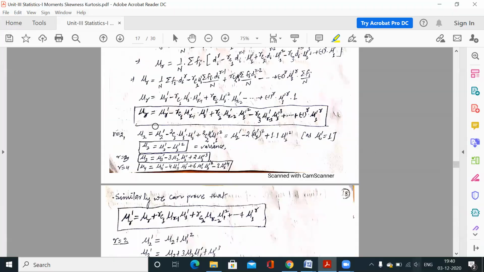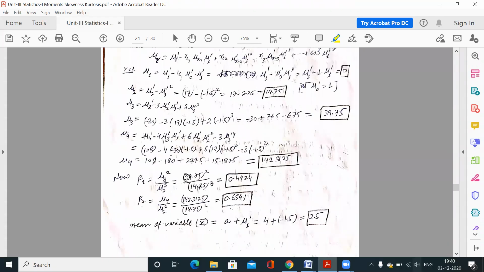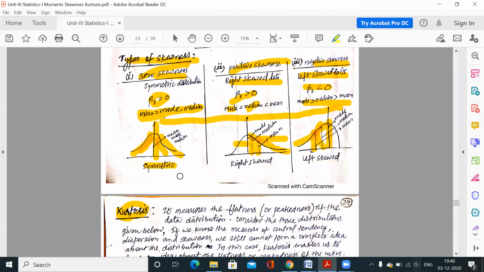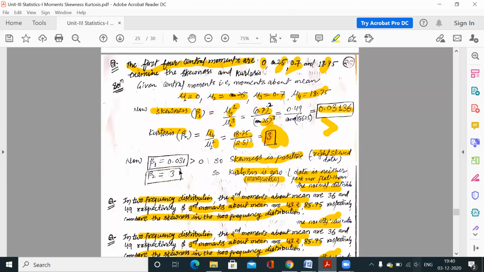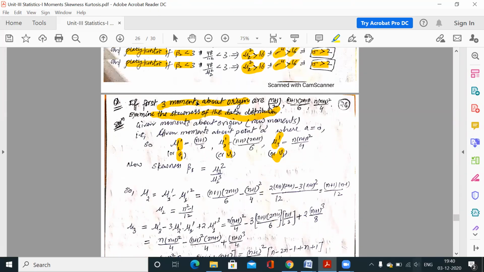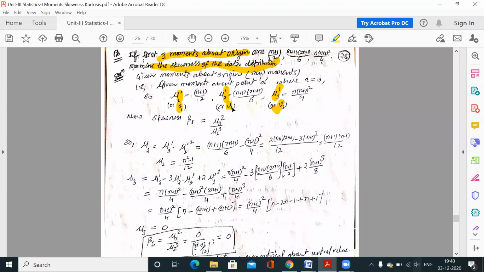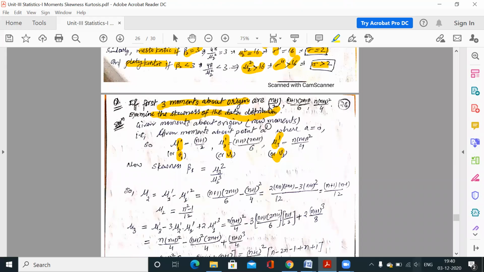So these relations would be used. Because we have to calculate the skewness, and skewness is based on the central moments, first we need to calculate the central moments using the raw moments.